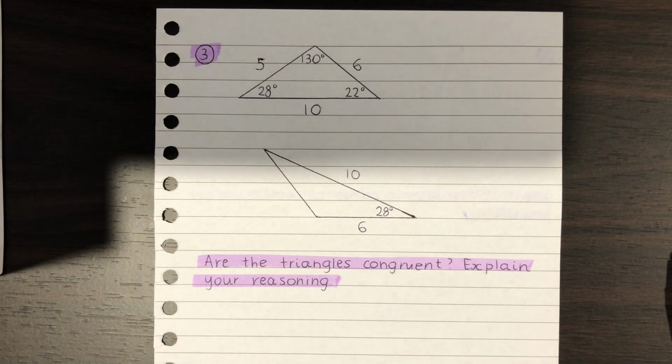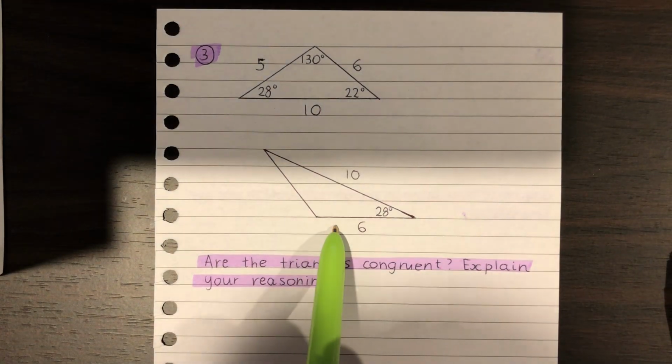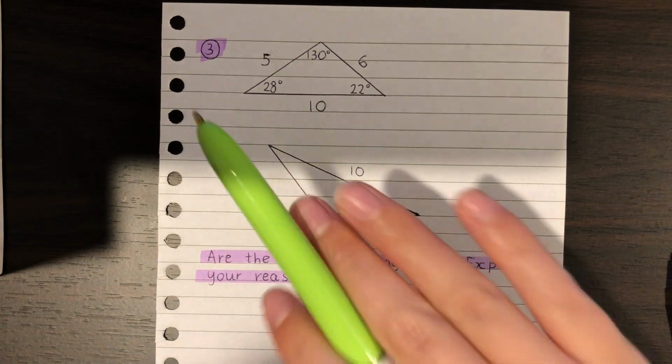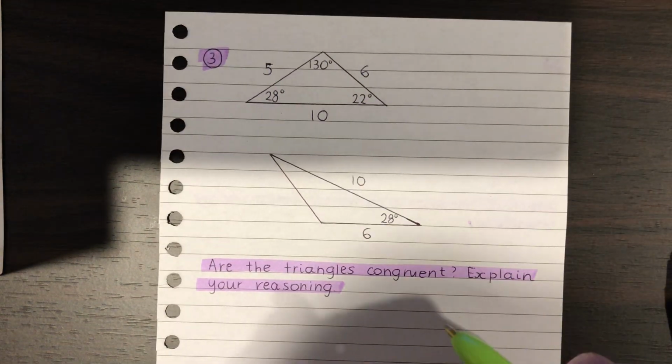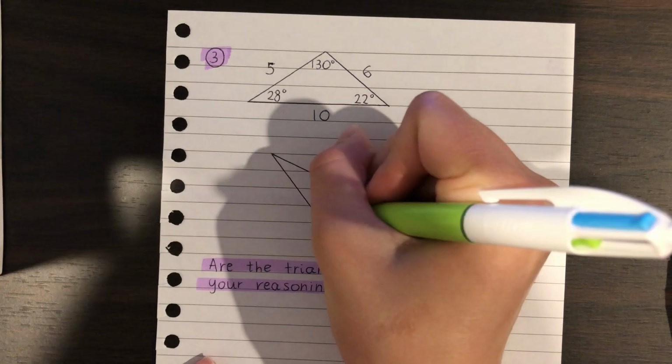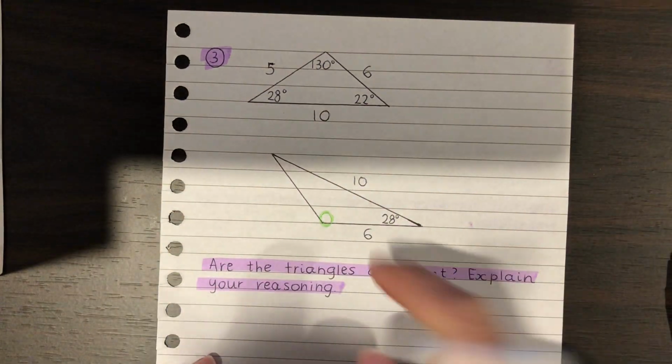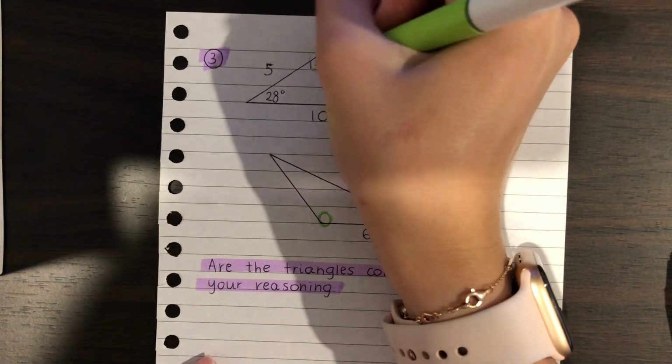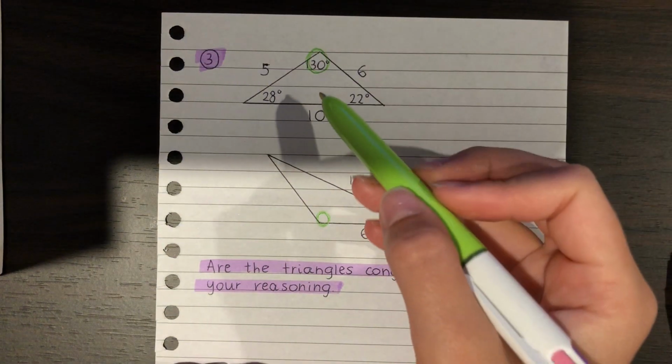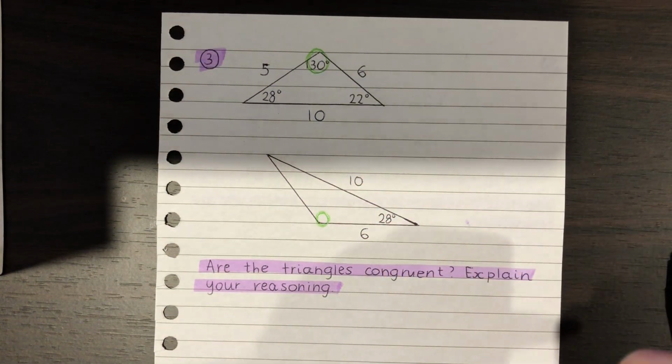Okay, now what I can do is get my green and think, right, well, I'm looking at these two triangles and I'm imagining what this would look like if I flip it upside down. And I know that this is the point of the triangle, the angle in this one. And in this triangle, the pointed angle is 130 degrees.